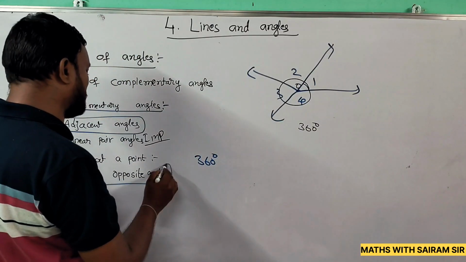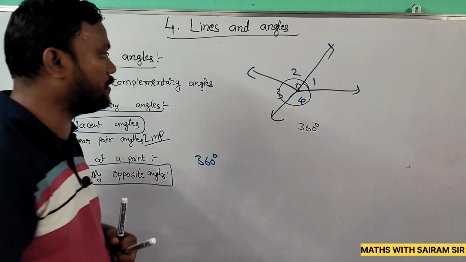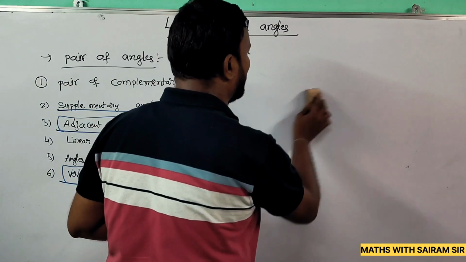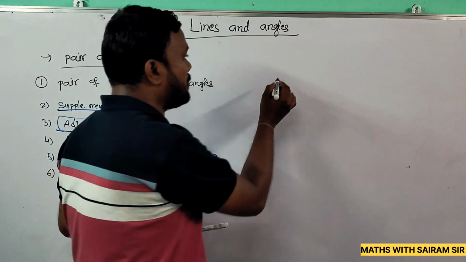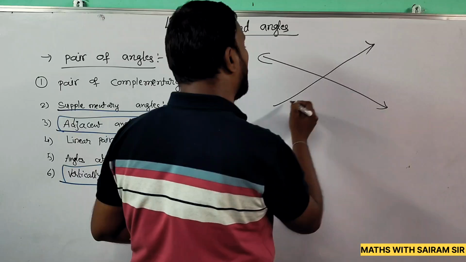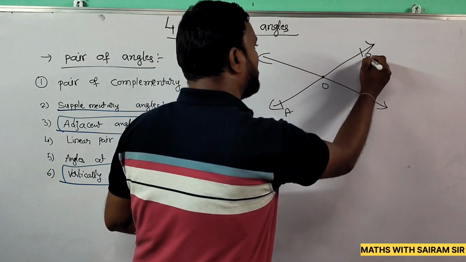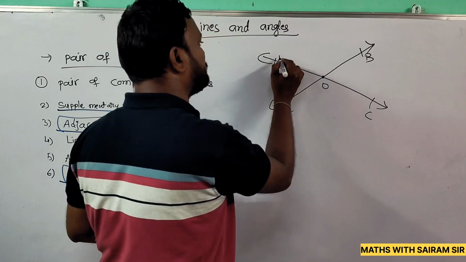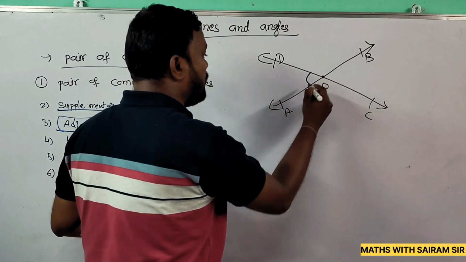Okay, next concept is vertically opposite angles. What is meant by vertically opposite angles? Two angles are known as vertically opposite angles if they have a common vertex and no arm in common. Let us take angle AOB.